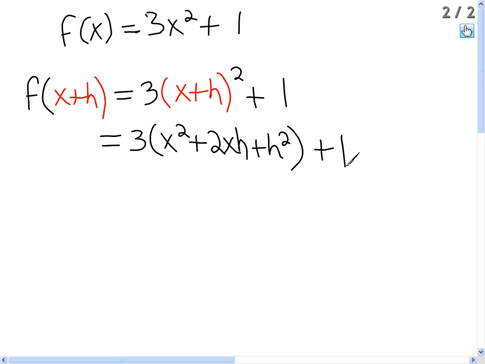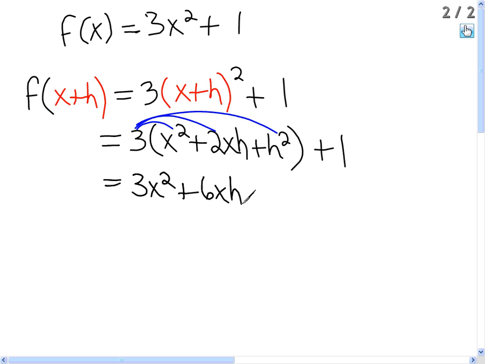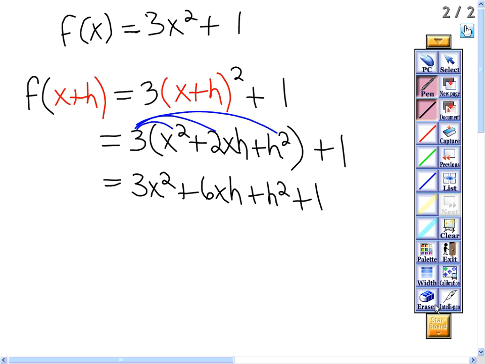So of course I'm going to distribute this 3 in. So now I have 3x squared plus 6xh plus h squared plus 1. This represents, of course, my f of x plus h.